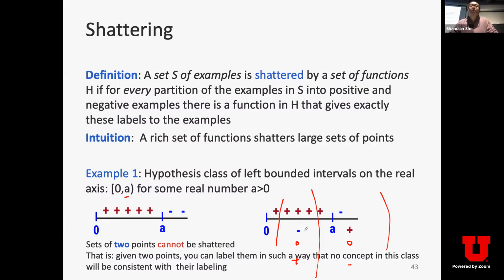There are only 3 possible locations for A: here, here, and here. So you have enumerated all possible left bounded intervals, but you still fail to correctly classify both points.